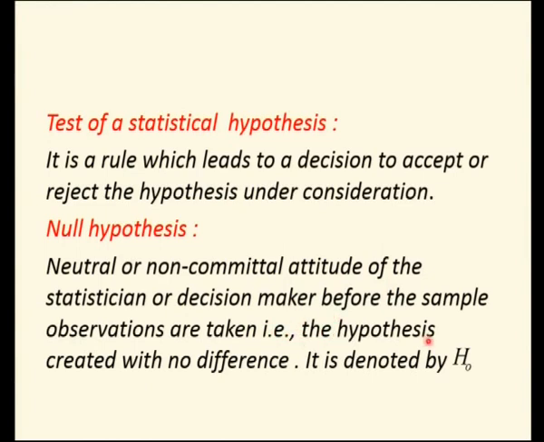That is, the hypothesis created with no difference is called a null hypothesis, which is denoted by H naught. Say for example, if I say that I have got 2 makes of the bulbs, I could say that make 1 is equal to make 2.